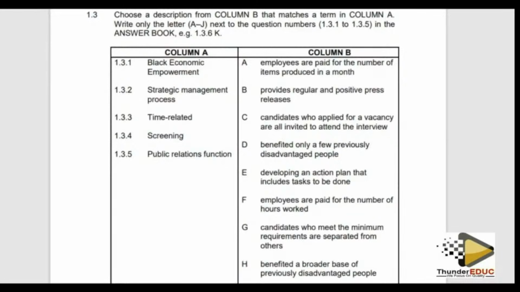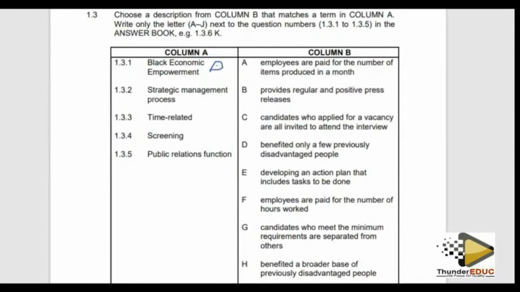That is why I told you that broad-based Black economic empowerment came into existence so as to fill up the gap that was left by Black economic empowerment. So if you go through the options given, the appropriate option for our 1.3.1 is D.